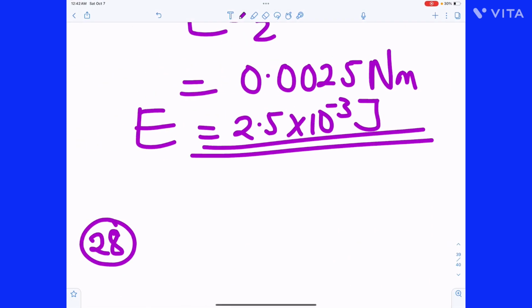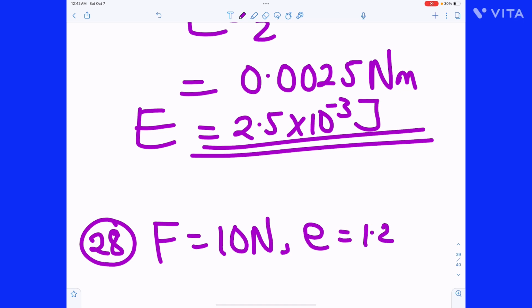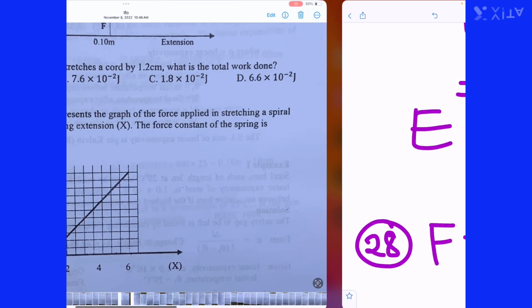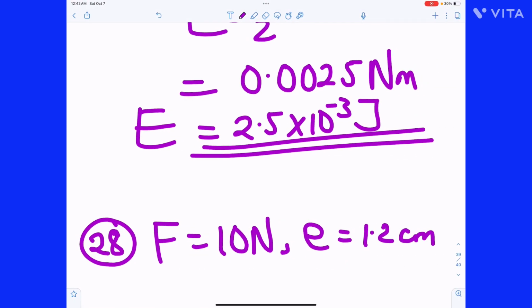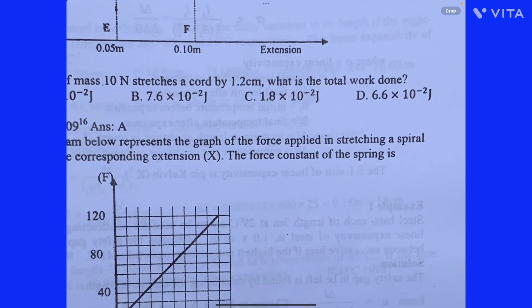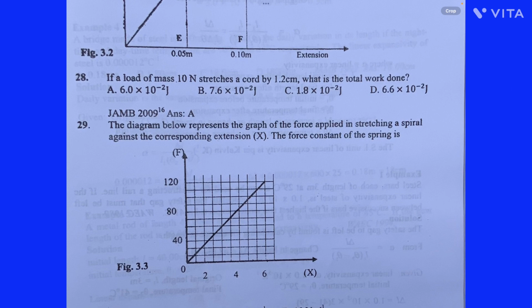So the force applied by the load is 10 newtons. It stretches a cord by 1.2 centimeters. Am I right? Okay, correct. What is the total work done?